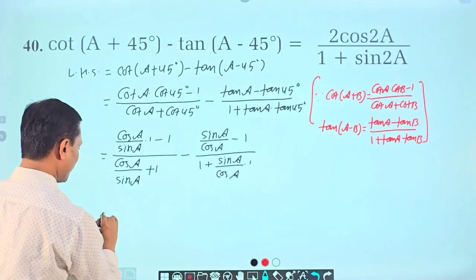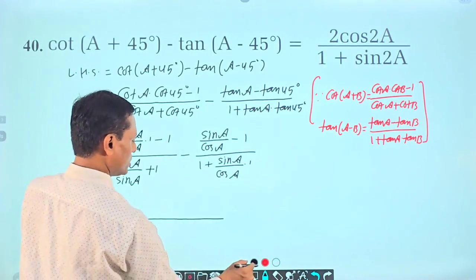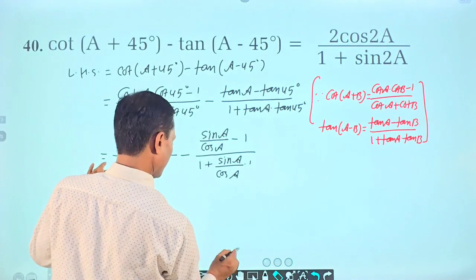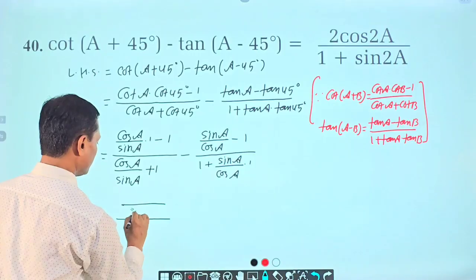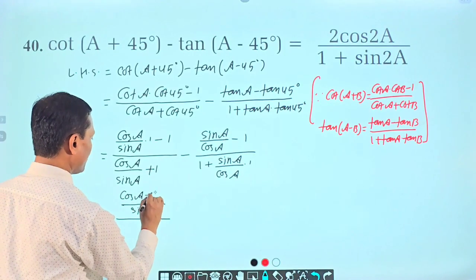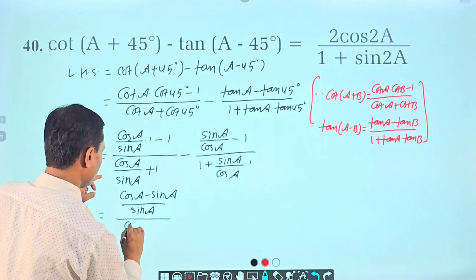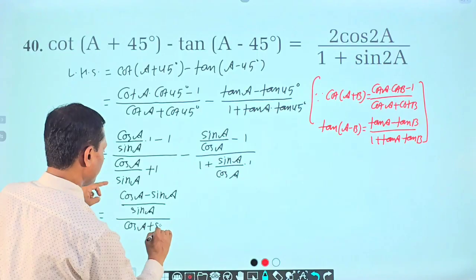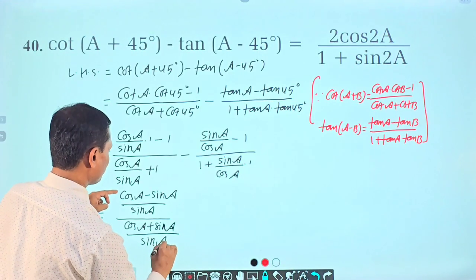After that, let's take LCM. So it's the main line, and here sin A is your LCM. That is sin A, that's the LCM, and we can write cos A minus sin A. It is also the same, cos A plus sin A over sin A, right?